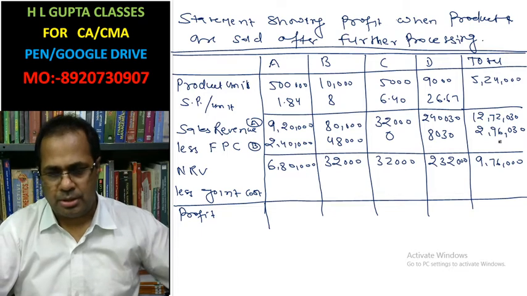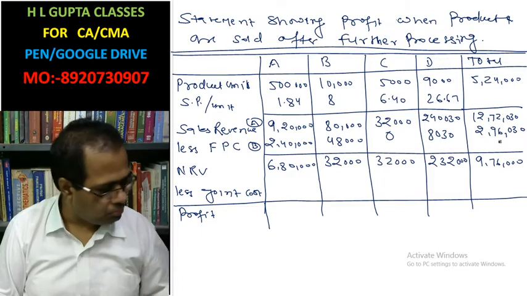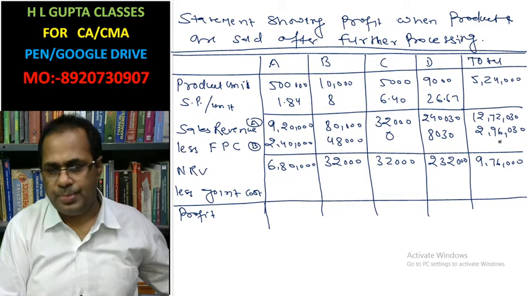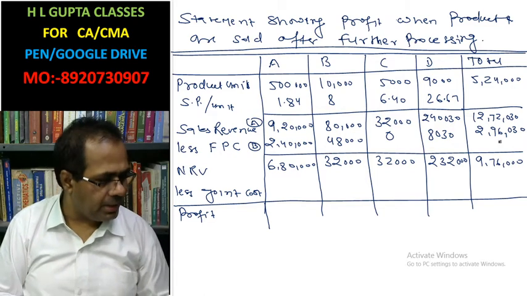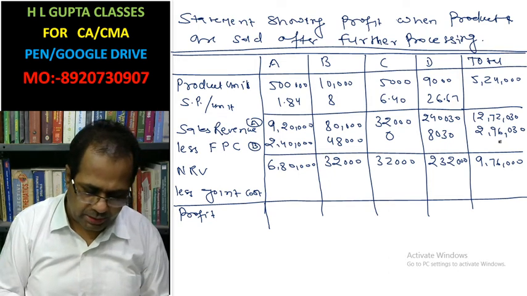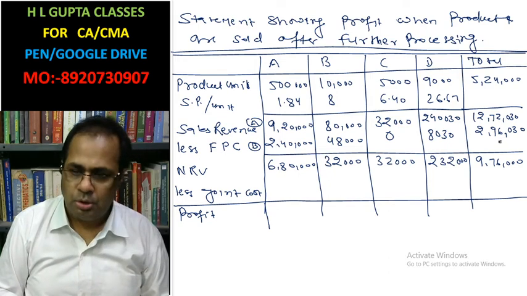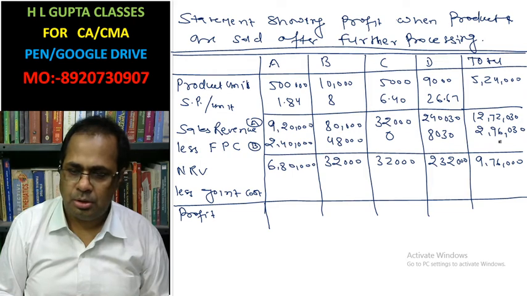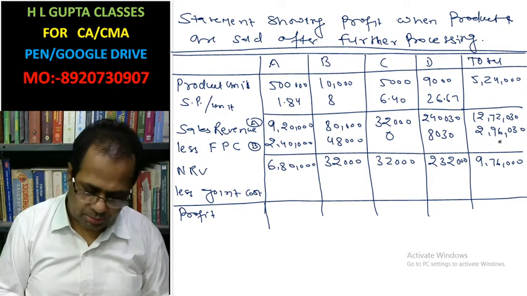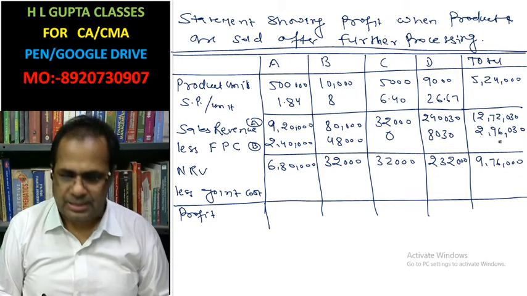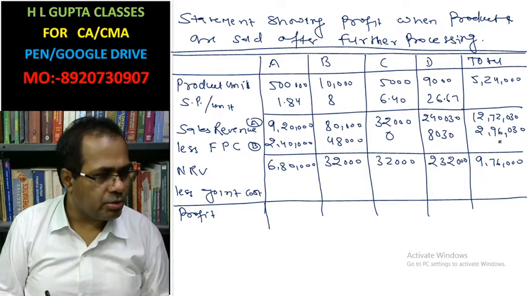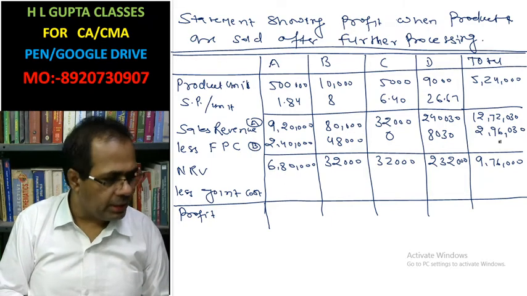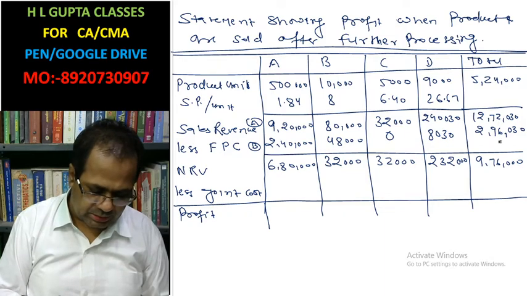Look at it. Total net realizable value is 12,72,030 minus 2,96,030, which is 9,76,000. Joint cost was 8,29,600.